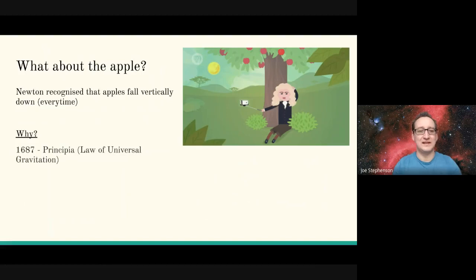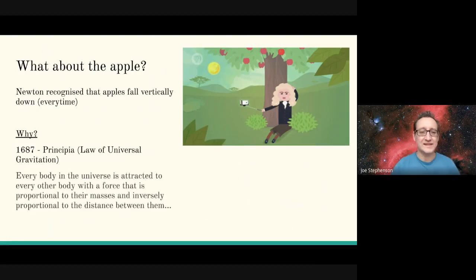In 1687, he published his law of universal gravitation. This stated that every body, and by body I mean a thing with mass, is attracted to every other thing with mass, with a force that's proportional to the mass and inversely proportional to the distance between them.